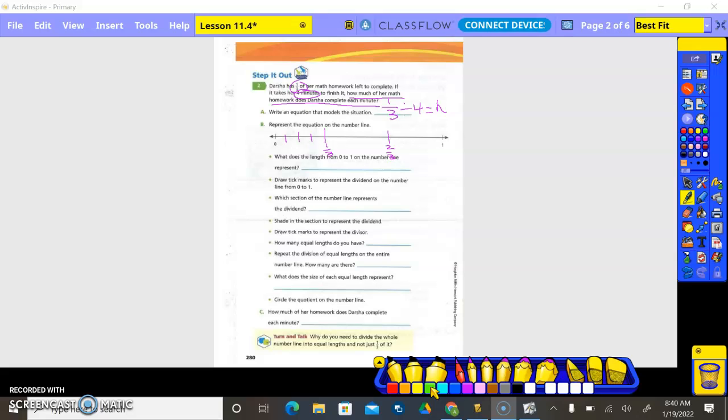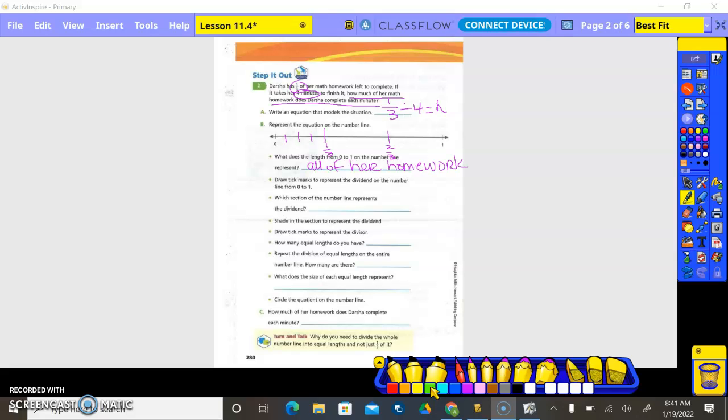Okay, so what does the length from 0 to 1 on the number line represent? It represents all of her homework, right? Okay. So this is kind of what we just talked about.